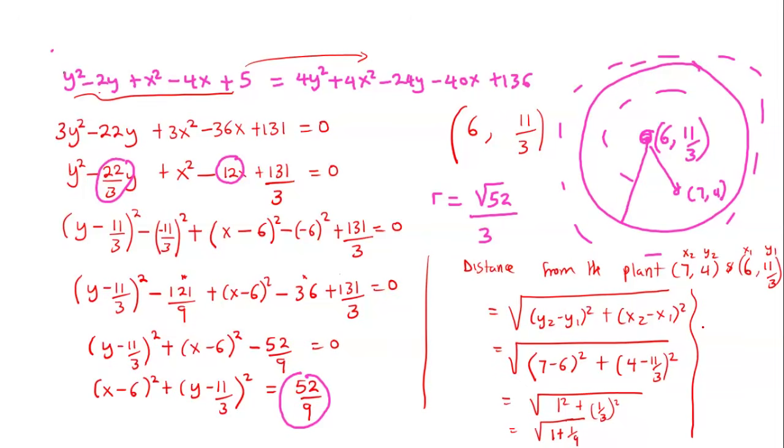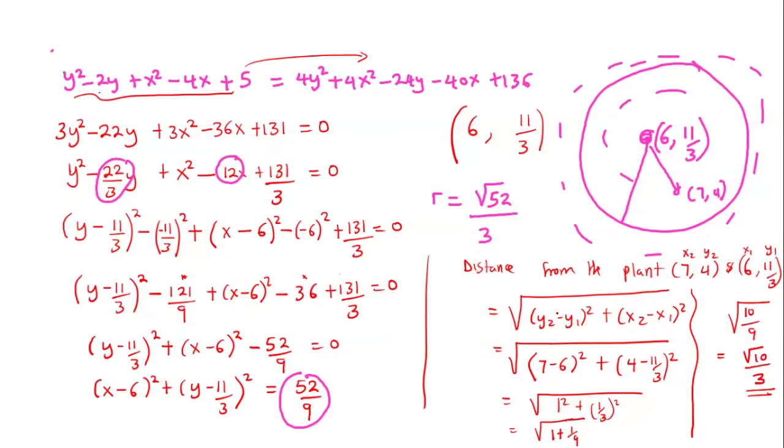When you do the math, this gives us 10/9 under a root, which is root of 10 over 3. Now you compare this with root of 52 over 3 and check whether they are within.